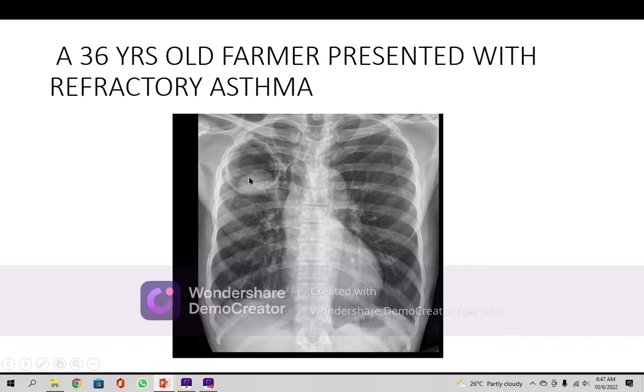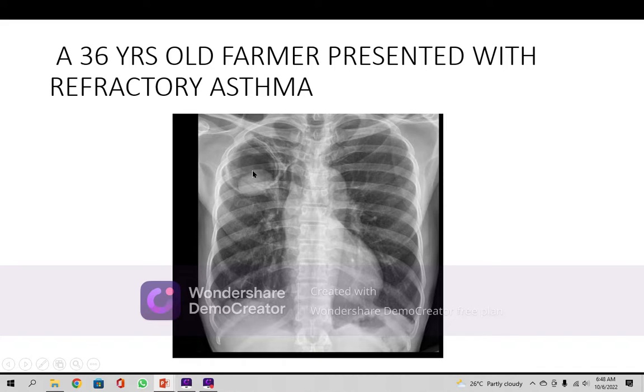So this is what is called the air crescent sign in a cavitating lesion, or the air and air sign. First layer air, then the second layer air, and then this ball, which is called a fungus ball, inside it.